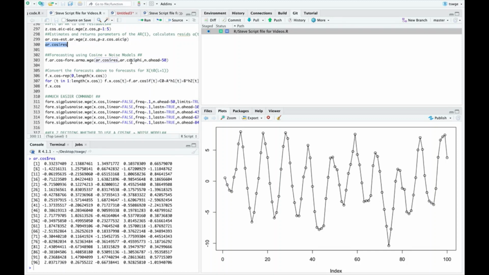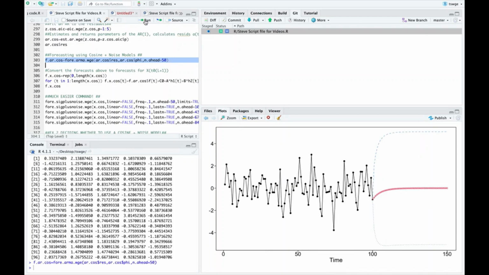How? Well, by the phi coefficient that we found before. There's only one of them because it was an AR1 that was fit to those residual terms. And then we chose to have 50 forecasts ahead. So again, this is the forecast of the residuals. Let's run that and see what we get.